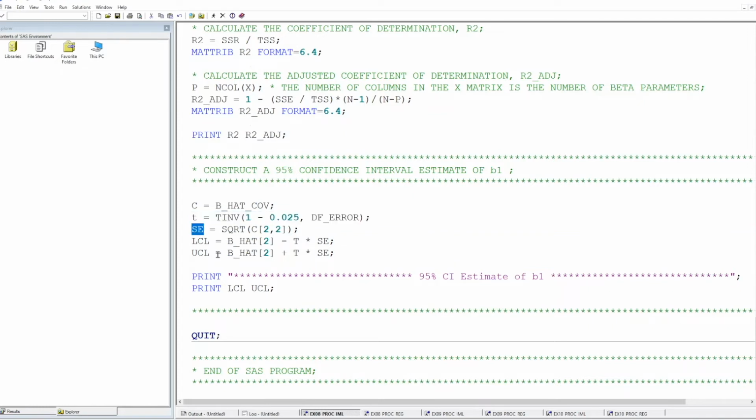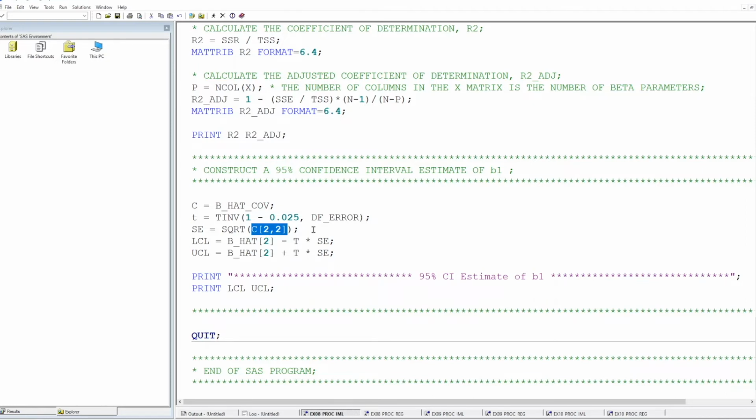We calculate the estimated standard error of beta 1 hat. That's equal to the square root of the second diagonal element in the estimated covariance matrix. Let me point something out here: in the notes in the book, they subscripted C with 1,1, but the difference is they are starting their counting at 0, with 0 corresponding to the intercept, 1 corresponding to beta 1, and 2 corresponding to beta 2.